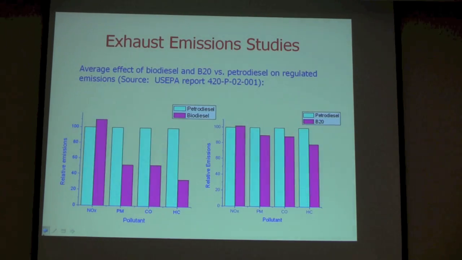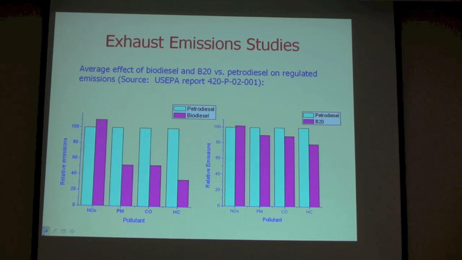Next slide, please. Now, since we talked about cetane number, that's a little combustion-related stuff, I'll say a few words about exhaust emissions. This is an older US EPA report from about 2002, where they looked at exhaust emissions from various studies in the technical literature, combined and averaged the results, and compared biodiesel to petroleum diesel in terms of the 4 regulated exhaust emission species.